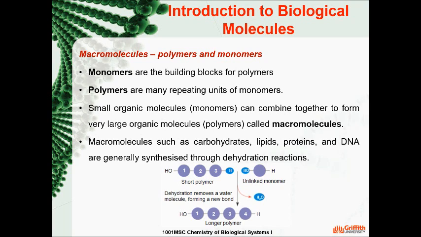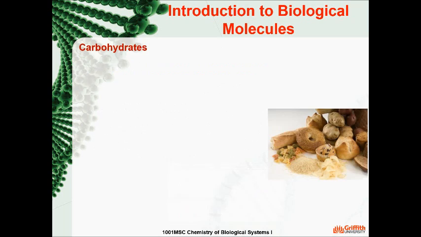Macromolecules such as carbohydrates, lipids, proteins, and DNA, or deoxyribonucleic acid, are generally synthesized through dehydration reactions, which is the loss of water. The first group of organic compounds we will cover are the carbohydrates.